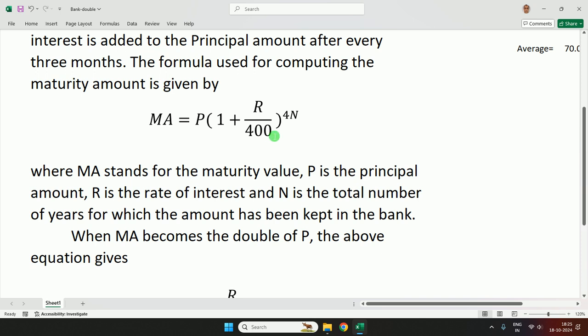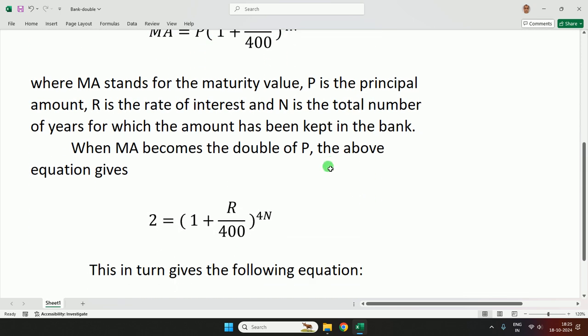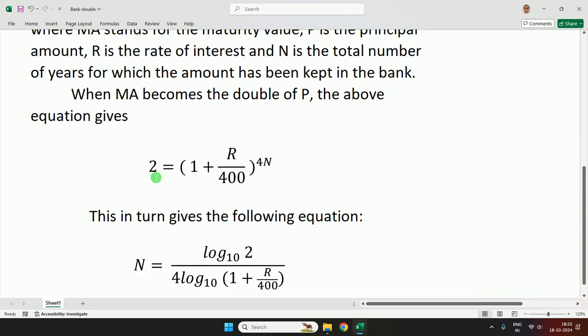Now, when the maturity amount becomes twice the principal amount, then this equation becomes 2P equal to P times this. So, if you cancel P, it will give you 2 equal to (1 plus R over 400) to the power 4n.